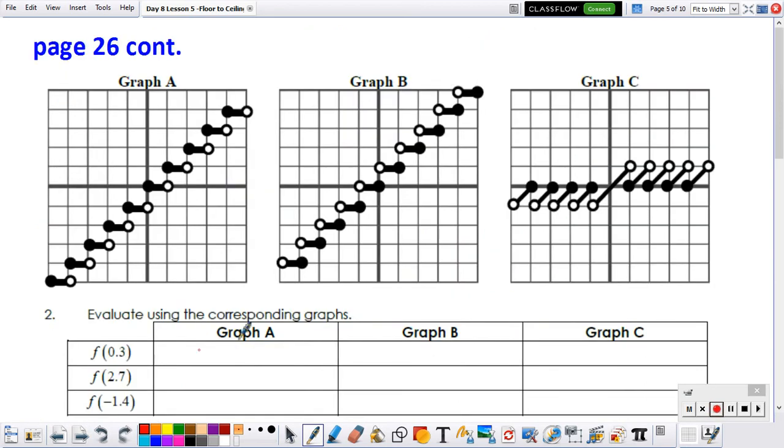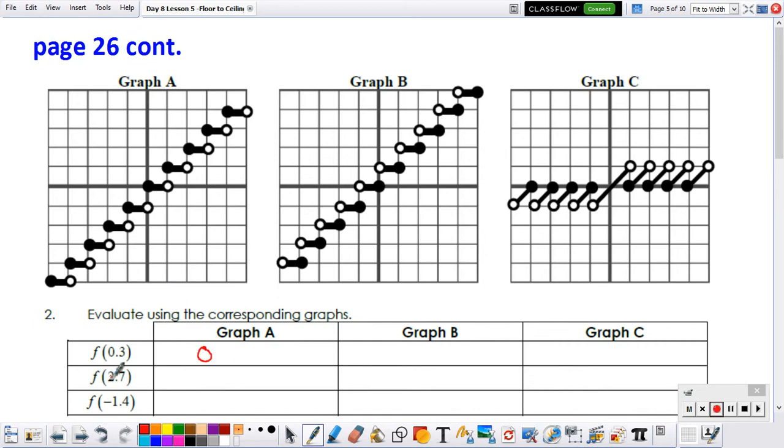So when we look at these graphs, it says evaluate using the corresponding graph. First we'll take a look at all the values on graph A. So 0.3 is somewhere between 0 and 1, and everything between 0 and 1 has a value of 0.